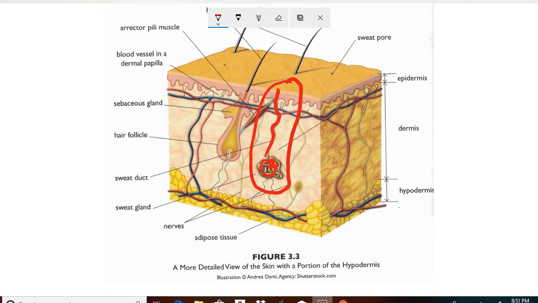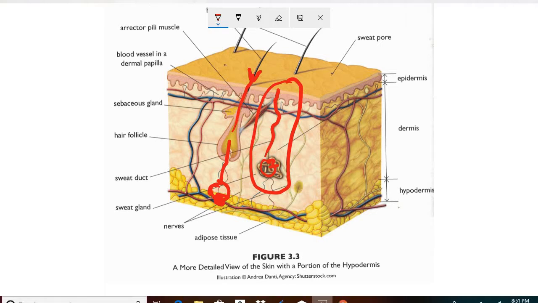Yeah, I guess it actually doesn't show that on this figure, but what we refer to as the apocrine glands would be down here, toward the bottom of the dermis, or even in the hypodermis, and then the duct would carry that into a hair follicle, and then from the hair follicle it would empty out onto the skin.